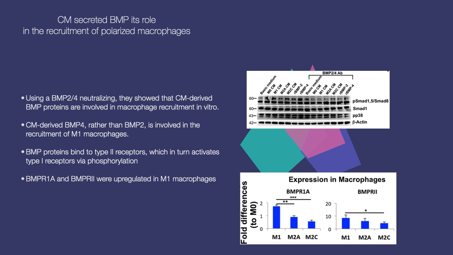They were also able to show that cardiomyocyte-derived BMP4 is involved in the recruitment of M1 macrophages rather than BMP2. They also analyzed the receptor concentrations and found that both receptor subtypes were upregulated in M1 macrophages.